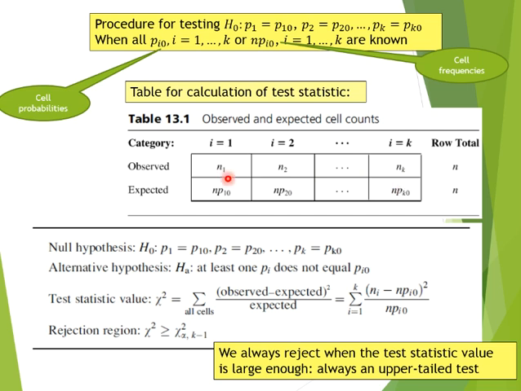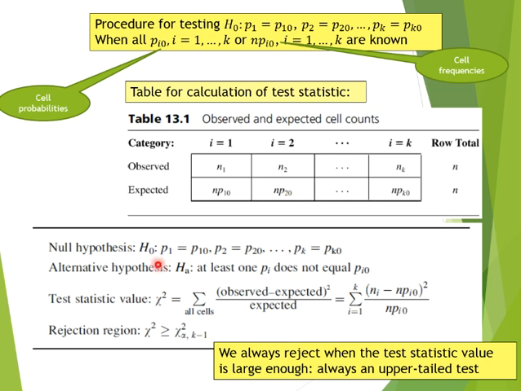So if what you observe is close to what you expect under the null hypothesis, and these probabilities may, for example, all be equal, but they need not be equal, but they will, of course, all add up to 1. And then you have to check whether what you expect, the given probability times the total, is close to what you observe. Then you know that your null hypothesis is probably right.